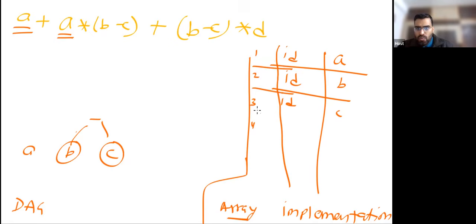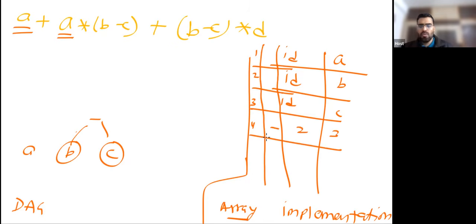What will you do on index 4? You will write that the operator is minus, and B comma C, which means 2 comma 3. I am writing the index. Don't create a new node for this expression.